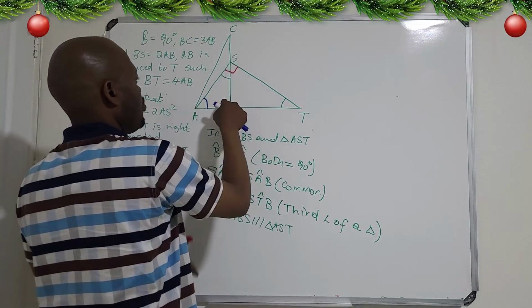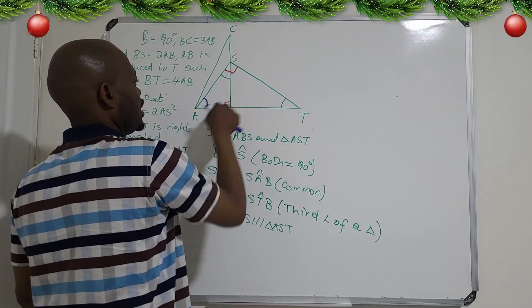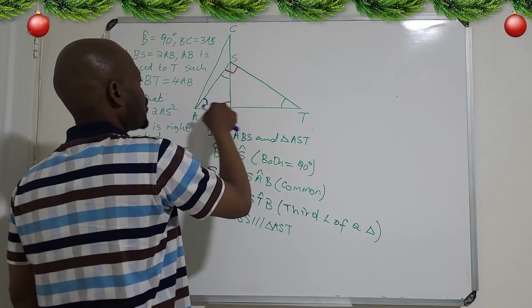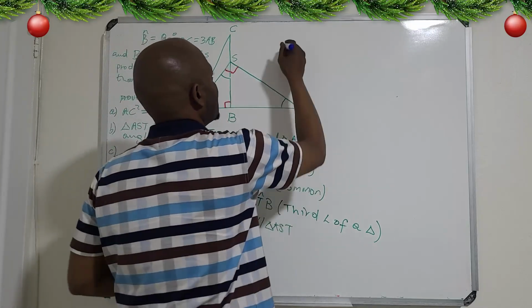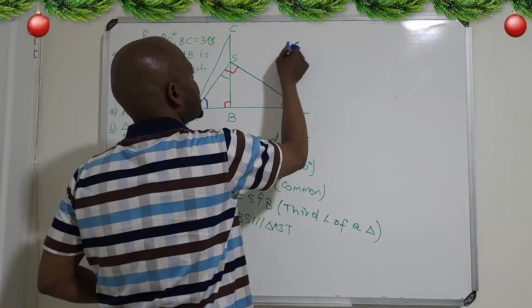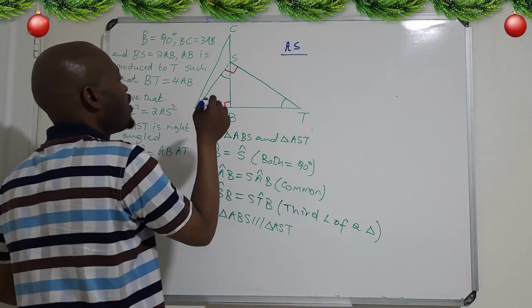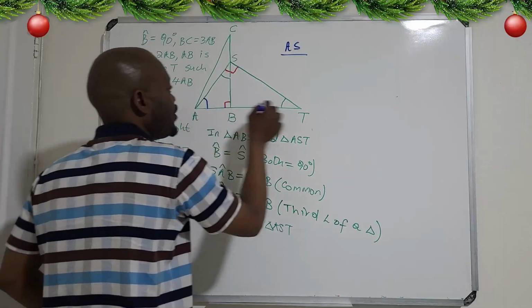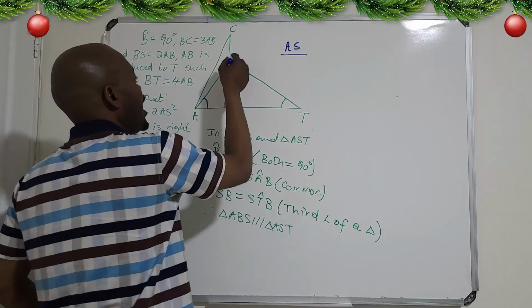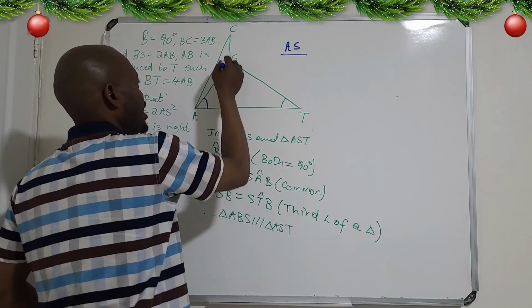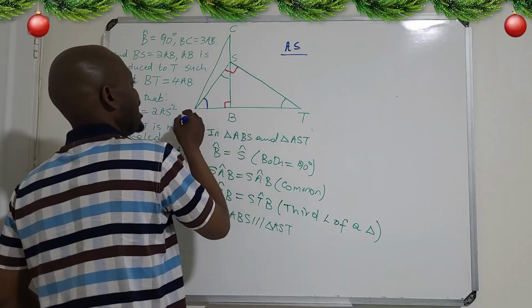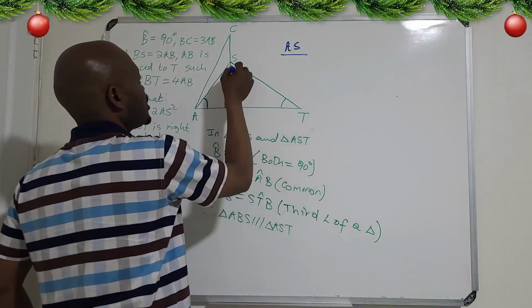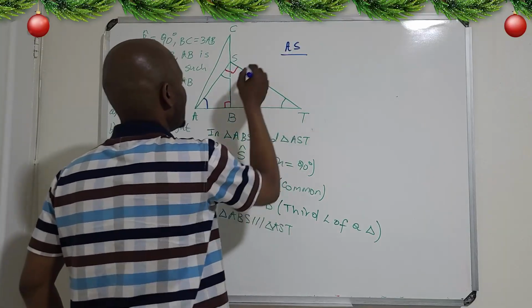Now, let's say AS. AS is opposite this angle in this triangle. Therefore, we write AS over, we need to find the side which is opposite 90 degrees in the other triangle. Because AS is opposite 90 degrees in this triangle, we need a side which is opposite 90 degrees in that triangle.